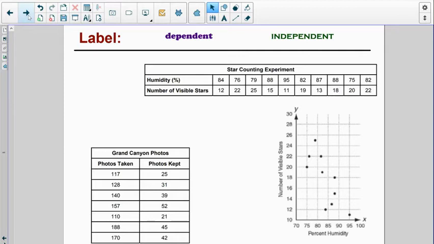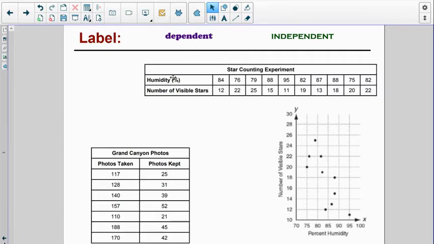So let's take a look at some sets of data and talk about where we can find the dependent and independent variables. As we mentioned on the previous page, the dependent variable is the one that depends on something else. The dependent variable is often the y variable in a set of data.